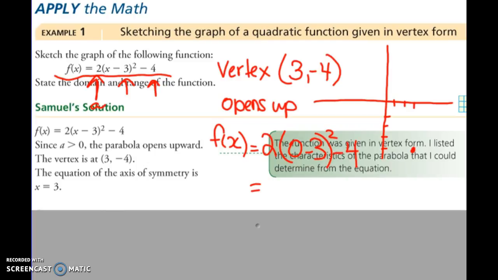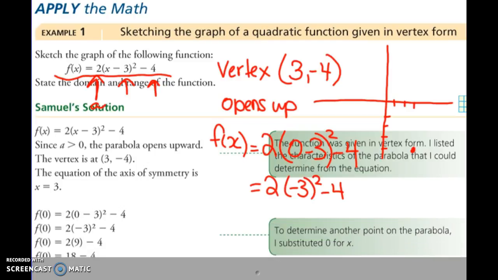So we'll work inside the bracket. We have 0 subtract 3 is negative 3. Negative 3 squared is 9. So we have 2 times 9 is 18.